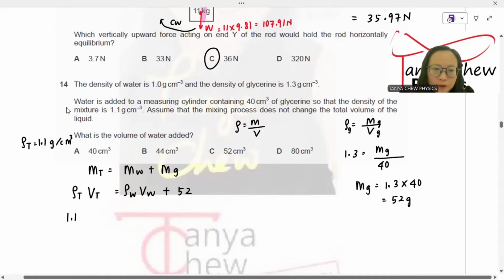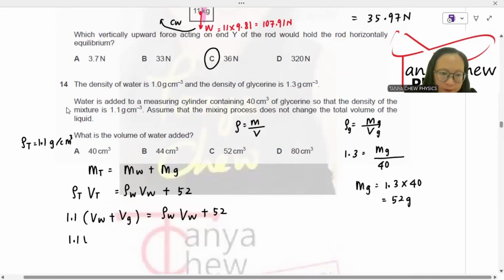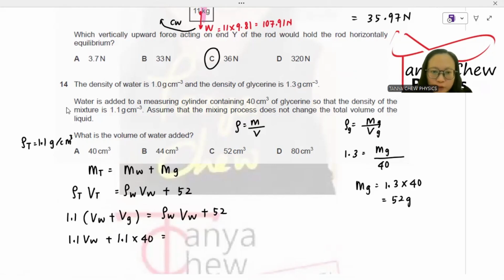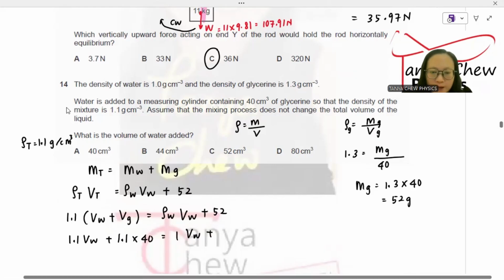The total volume is the volume of the water plus the volume of the glycerine. So 1.1 times volume of the water plus 1.1 times volume of the glycerine, which is 40. I straight away multiply by 40, and it equals the density of the water, which is 1, times volume of the water, plus 52.